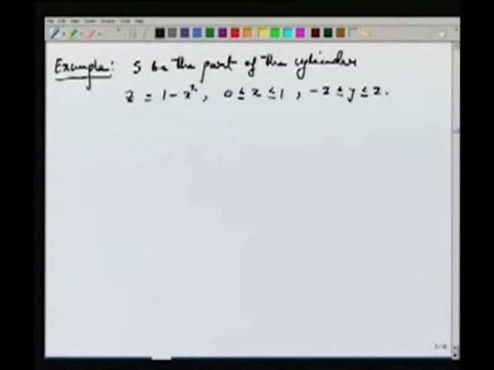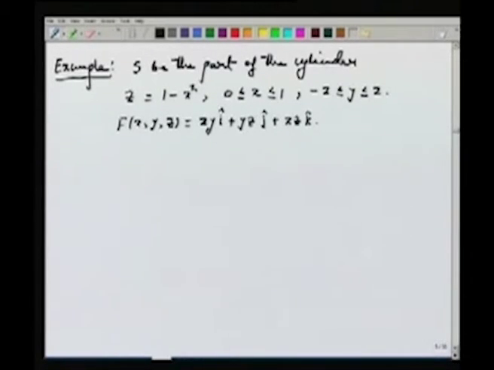So this is the surface which is given to us, and the vector field, let us say, is given by a very symmetric kind of F = xy i + yz j + xz k.